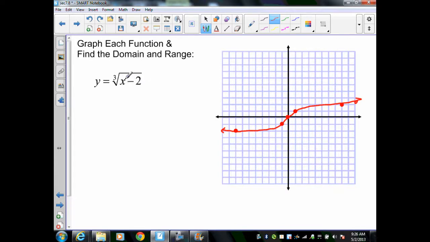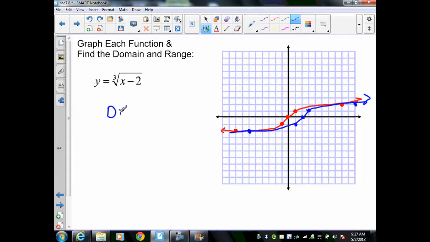That means that each ordered pair needs to move 2 units to the right: 1, 2. Then plot those ordered pairs. And that's my new function, y equals the cube root of x minus 2.